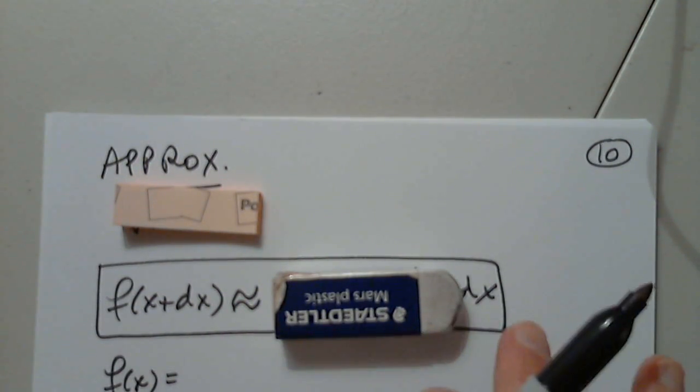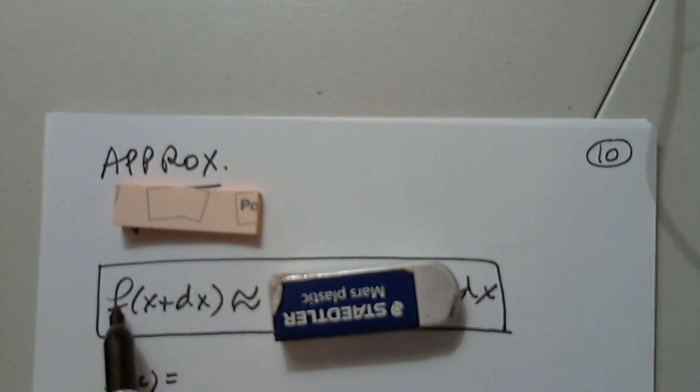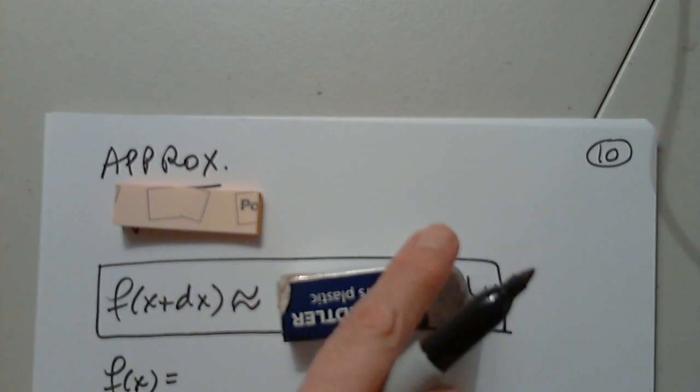I'll just plug them in. This means nothing anymore. I have to find the function. I have to find x. I have to find a tiny error. And of course I'll have to find f prime of x. Then once I have those, I'll fill it in.